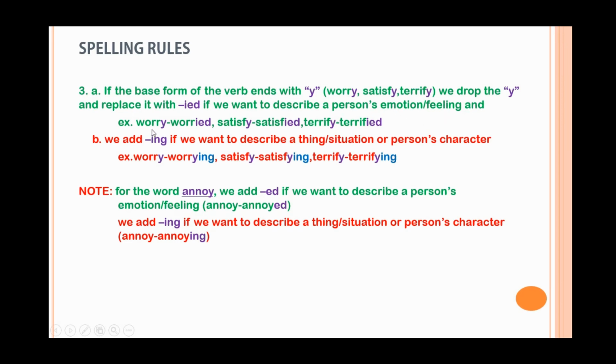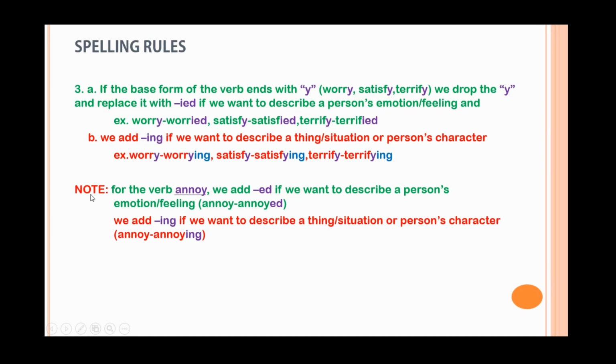For example, worry, worried, satisfy, satisfied, terrify, terrified. And we add ing if we want to describe a thing or situation or a person's character. Worry, worrying. Satisfy, satisfying. Terrify, terrifying.